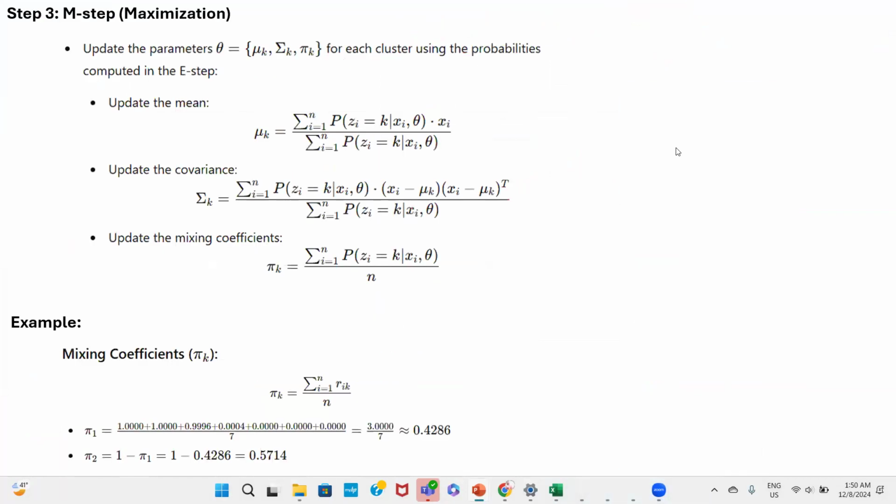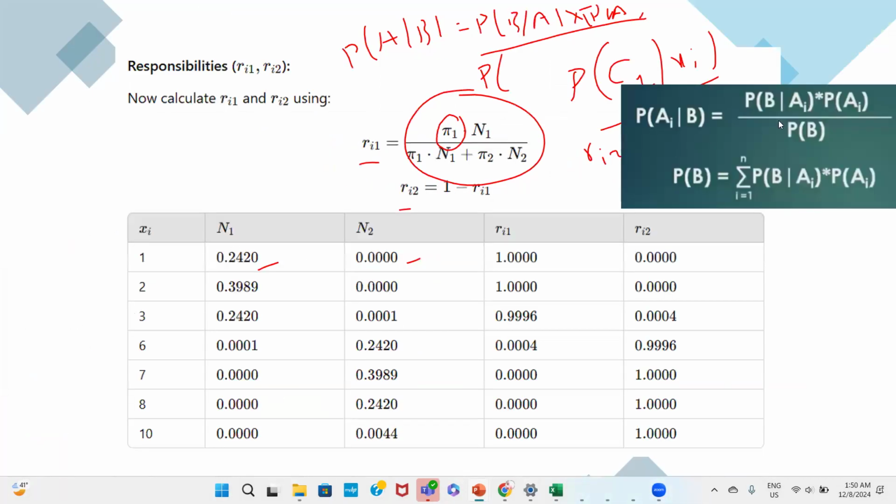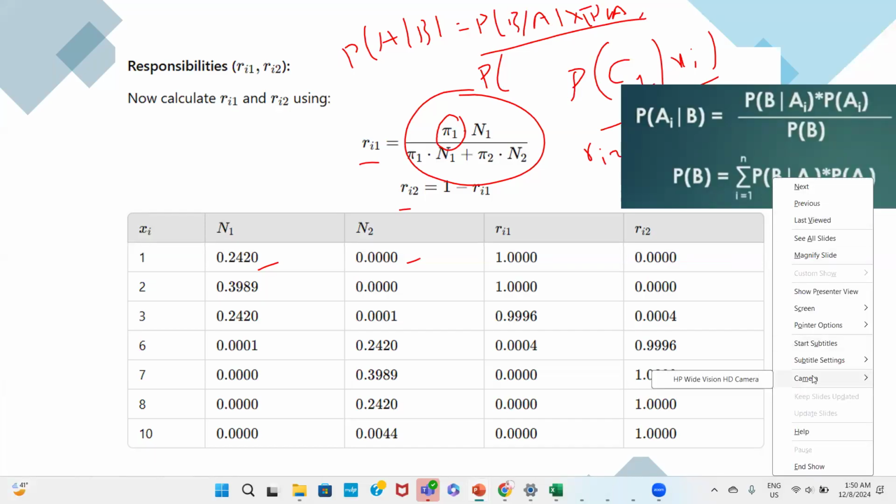So according to Bayes' theorem, the probability of a point belonging to a cluster C1 is nothing but the probability of the point given the cluster into the prior probability, by P of B. P of B is nothing but the probability of that particular point belonging to every other cluster. If you have three clusters, i is equal to 1 to n. So we need to calculate the combined probability of all of this.